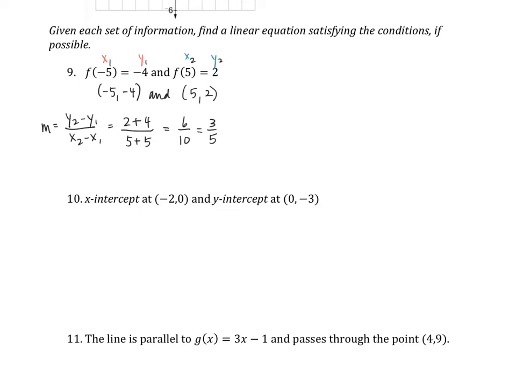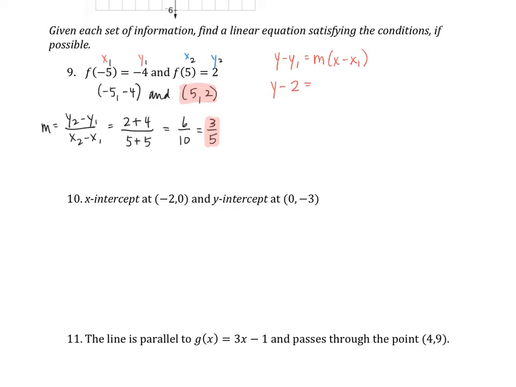Now we want to use our slope and one of the points for the point slope form. So I'm going to go ahead and use the positive point and this slope. And now I'm going to do the point slope form. So y minus y1 is equal to m times x minus x1. And so you're going to plug in something for the y1, the m, and the x1. So y1 is 2.